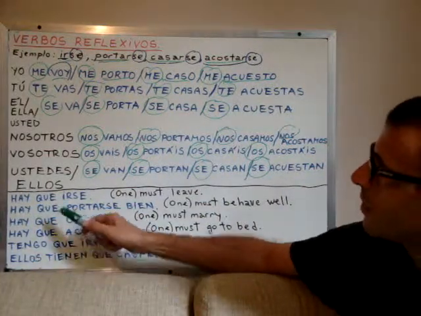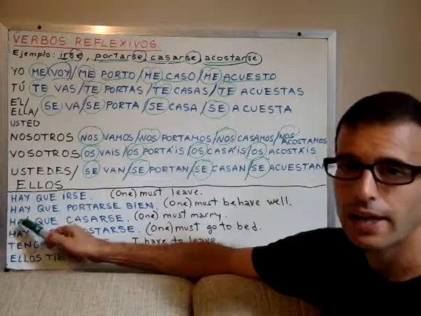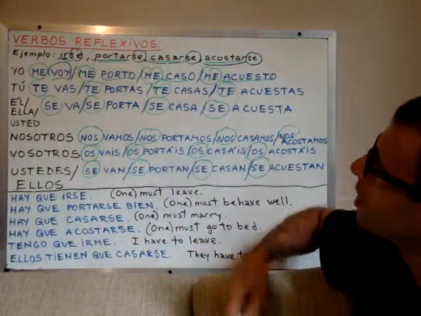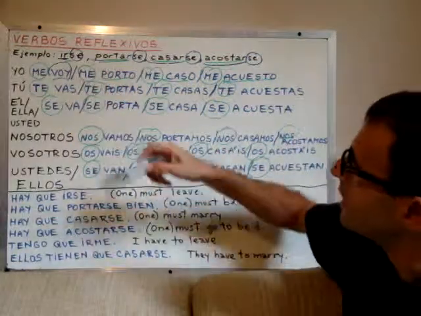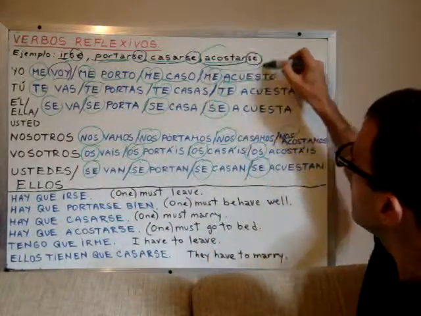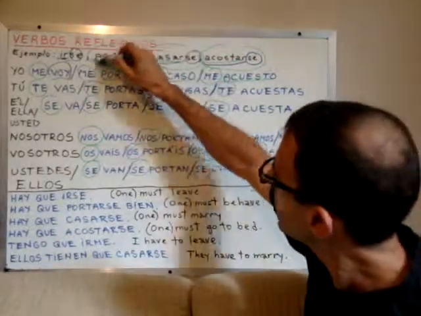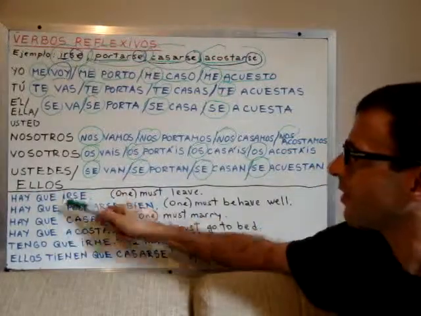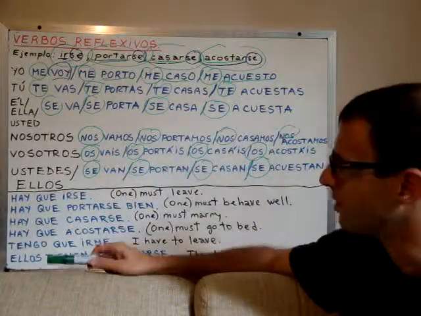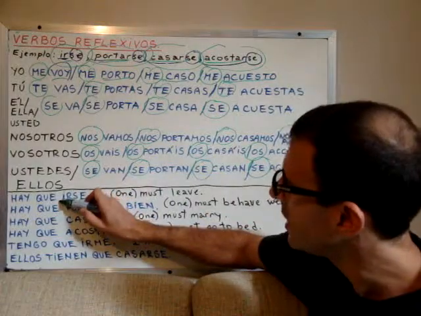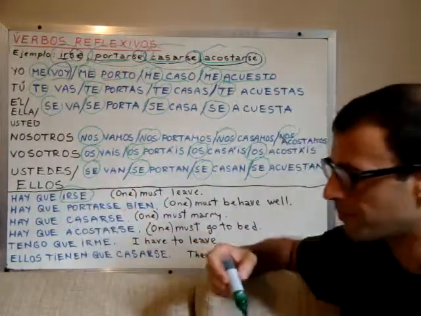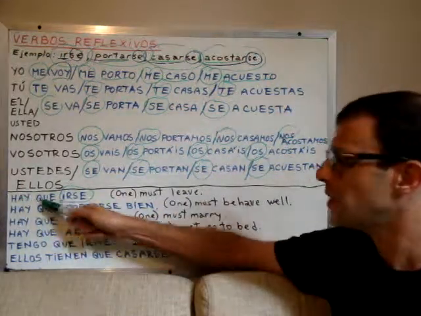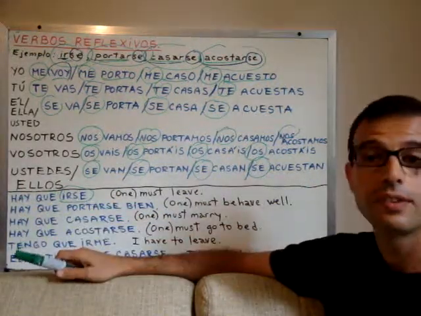So in those cases, when we say tener que or hay que, the verb later goes in infinitive. So we don't conjugate it like here. We just leave the verbs in infinitive like here. We use it like this. For example, hay que irse. One must leave, you see? The verb is in infinitive, the verb to leave.